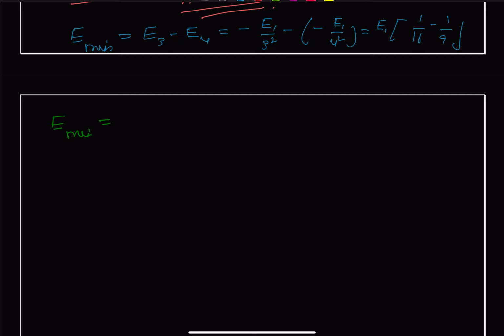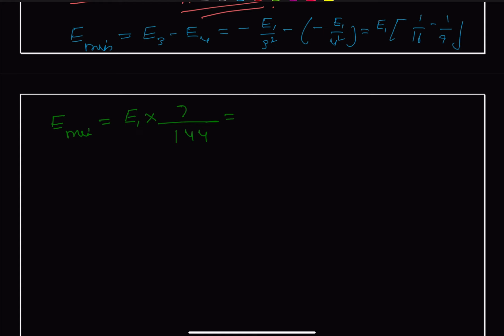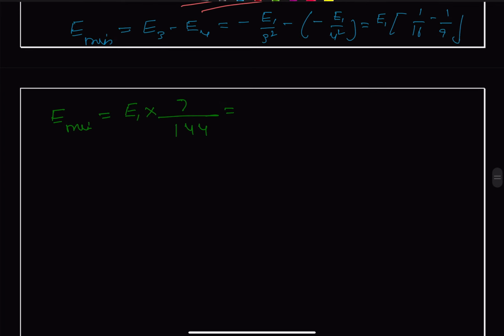So we get this as E1 multiplied by 7 upon 144. E1 we already know is 14.4. So 14.4 into 7 upon 144. This gives us the value of E minimum will be equal to 0.7 electron volt.